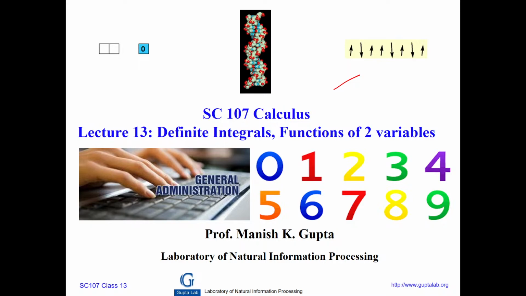Till now you have been looking at functions of a single variable. If f is a function from the real line to the real line, what happens if f is a function from R square to R, or R cube to R, or R raised to power n to R? So n inputs, one output. Or in the case of two variables, two inputs, one output.